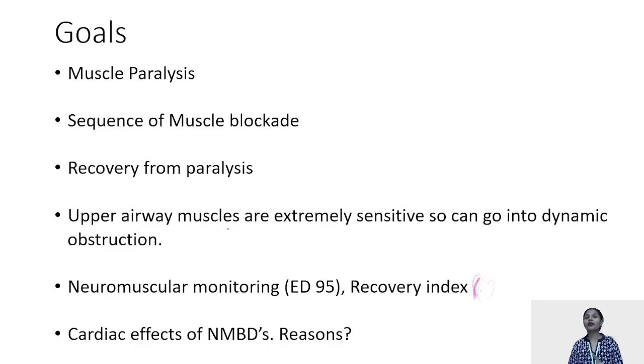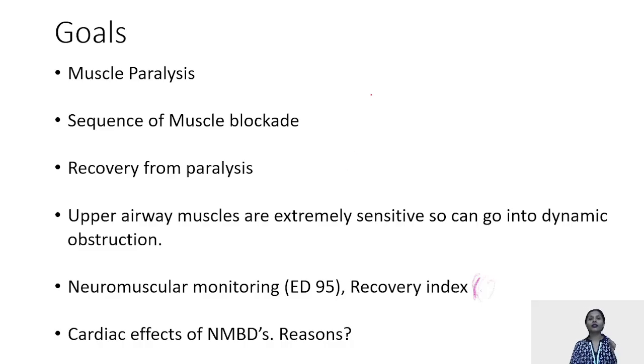Your central muscles like the diaphragm are always resistant to your neuromuscular blockers, but they are always faster in onset because the blood supply to these areas is very high, and the number of receptors present in these muscles is also very high.